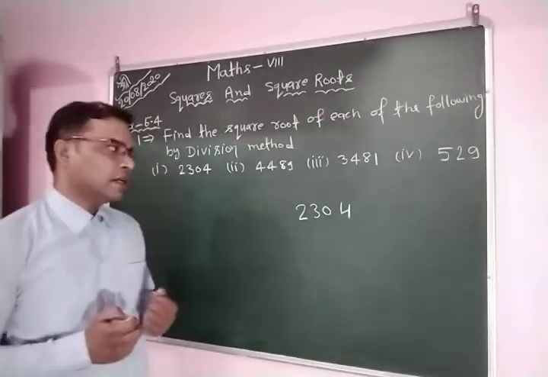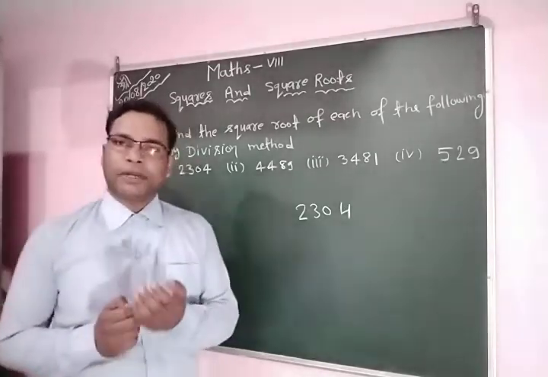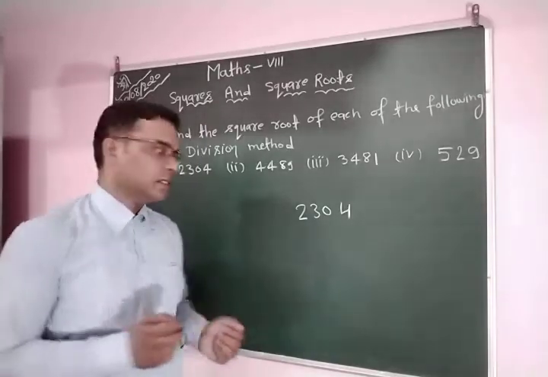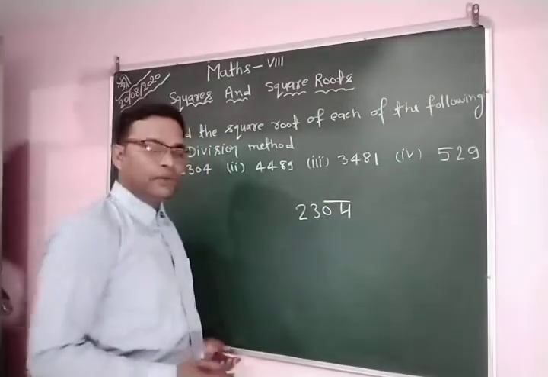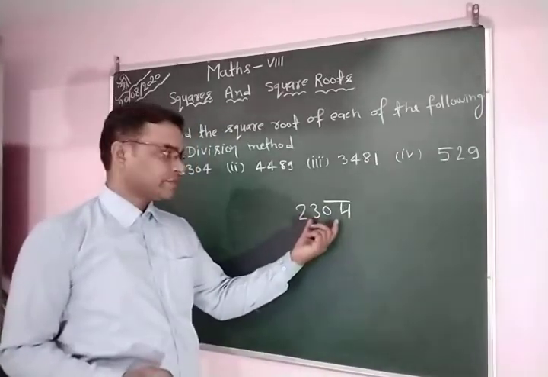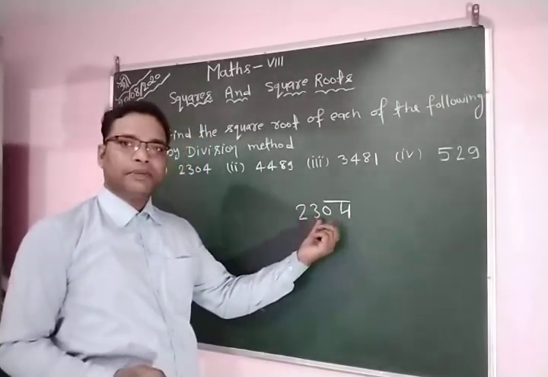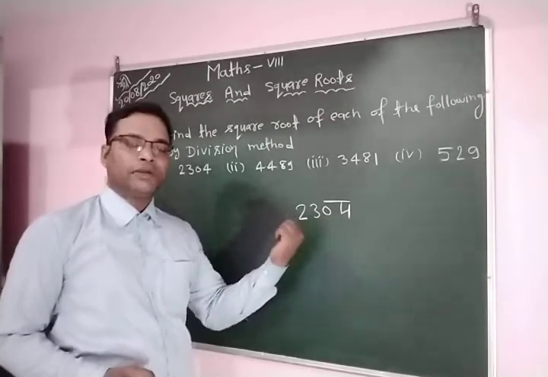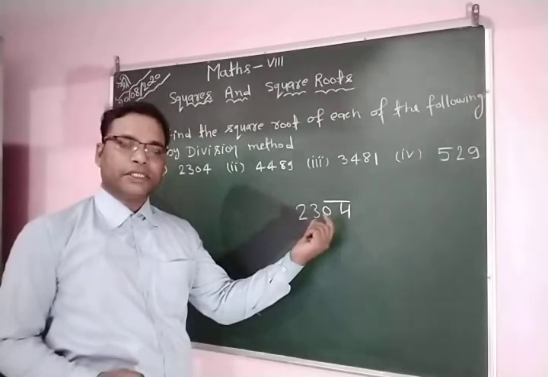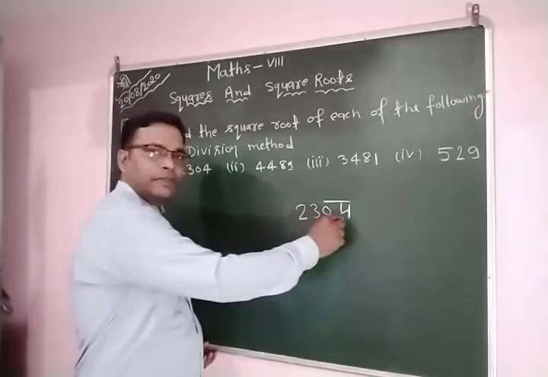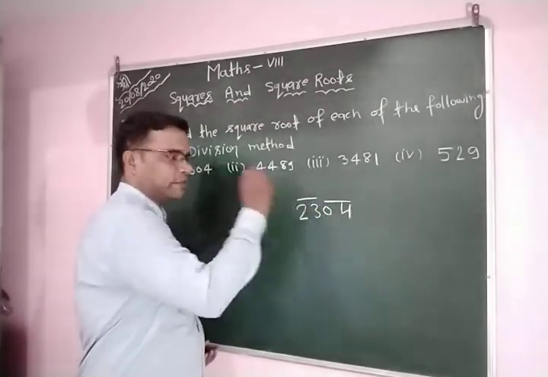You can say, start from the first digit. We put a bar over each pair of digits from right to left. This is one pair under a bar, and this is the second pair.